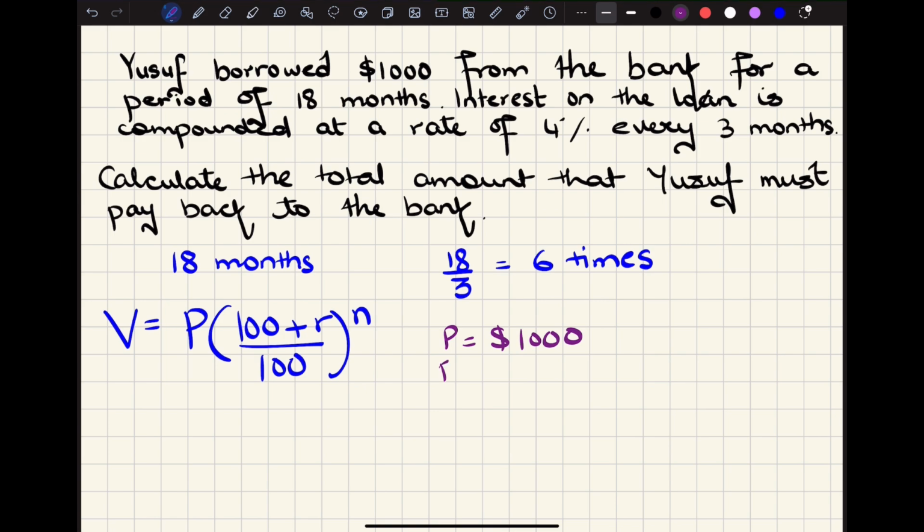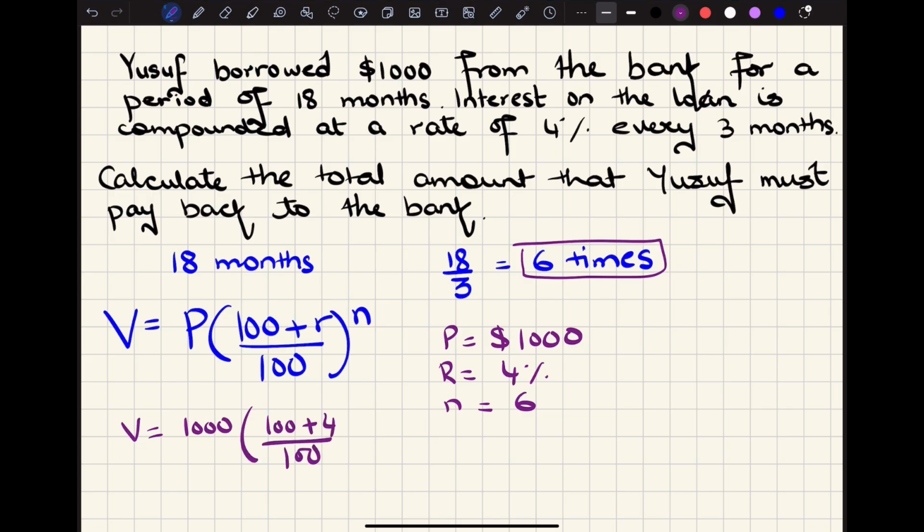R is 4%. N in this case is going to be 6 because the interest has been compounded 6 times over a period of 18 months. Okay, so let's just substitute the values. So 1000 into (100 plus 4 over 100) to the power 6.